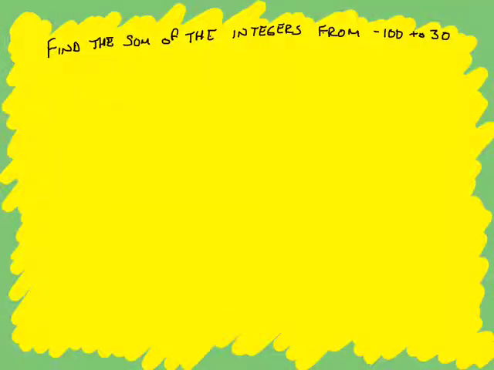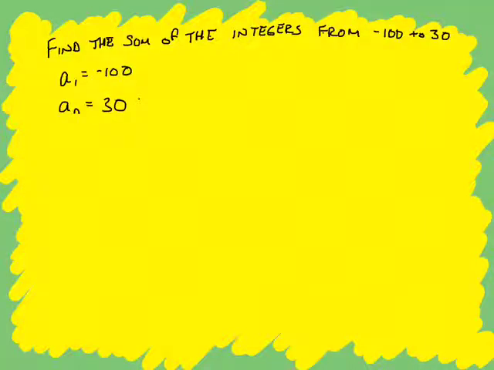Let's find the sum of the integers from negative 100 to 30. In order to do this, the first thing we have to realize is that we already know that a sub 1 is negative 100. We already know that a sub n, or our last term, is actually 30.